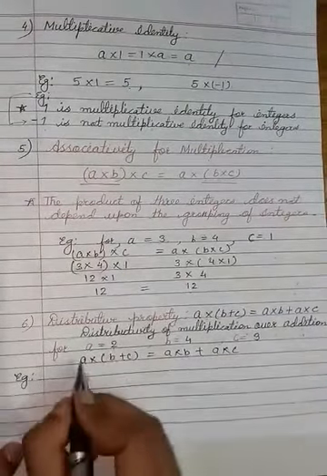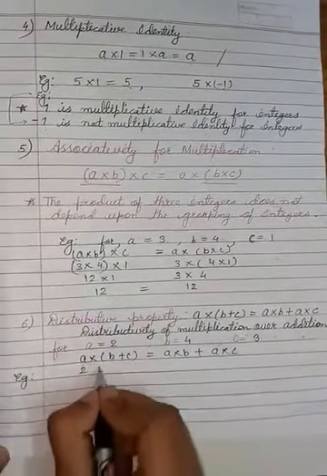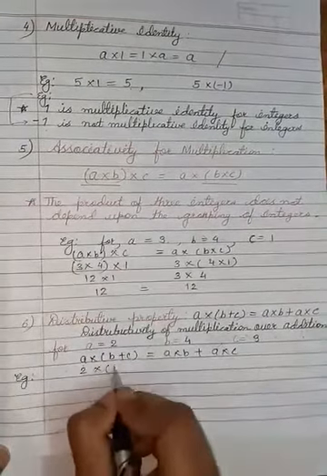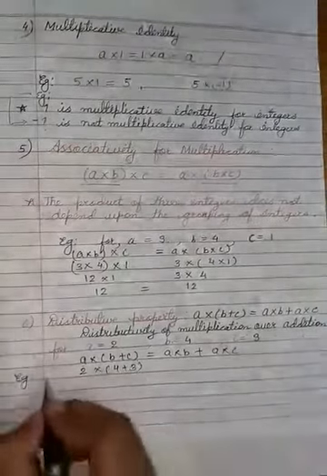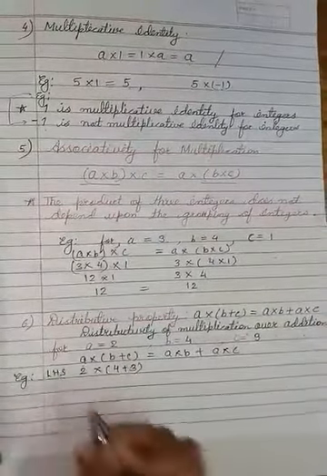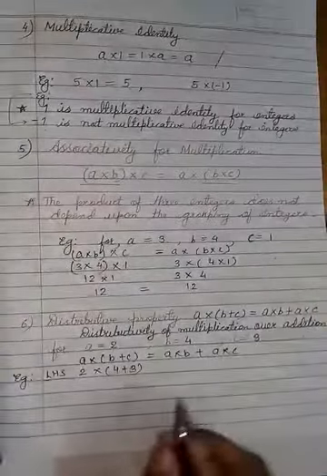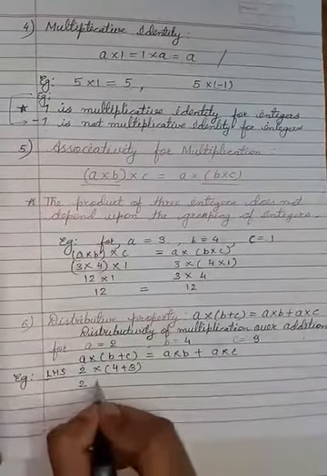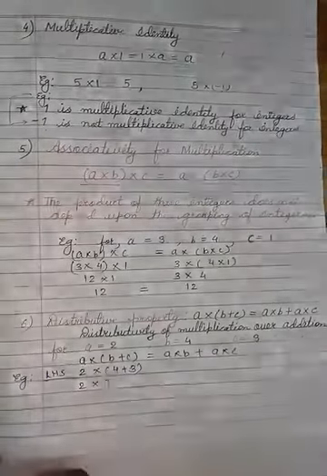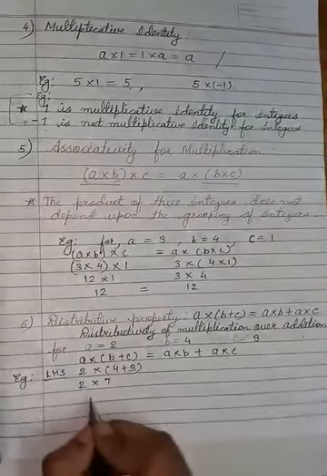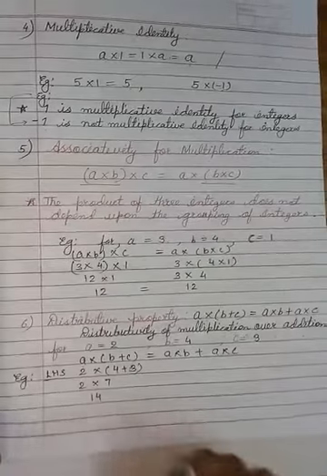Here a is 2, b is 4 and c is 3. First we solve the left hand side: 2 into 4 plus 3. 4 plus 3 is 7, and 2 sevens are 14.